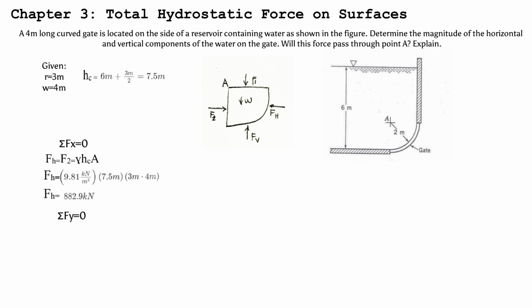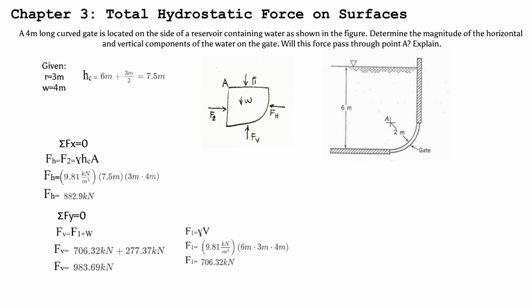And the vertical force on the gate is given by summation of Fy equals 0, or vertical force is equal to F1 plus weight, where F1 is equal to specific weight times volume of the reservoir, and the weight is equal to specific weight times volume of the gate.